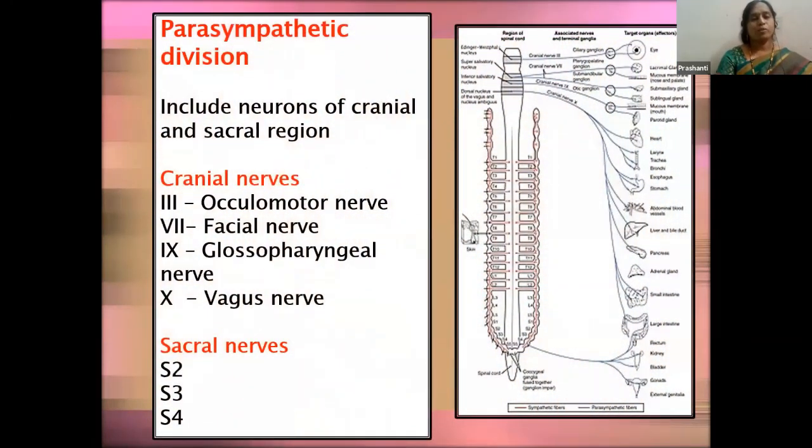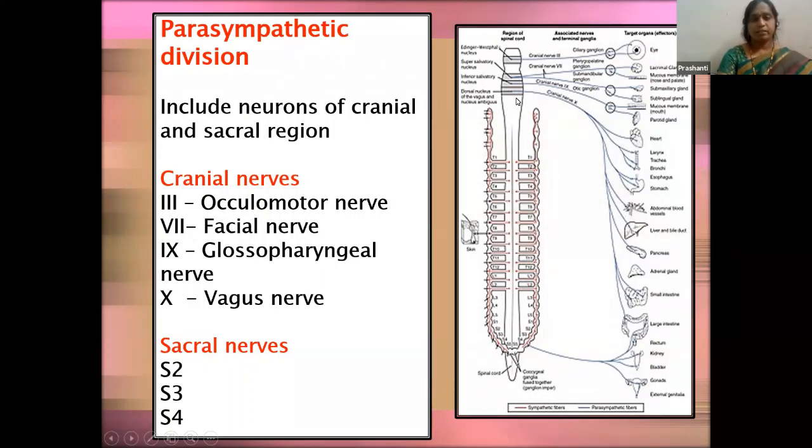Next, we go to the second division of the autonomic nervous system, children, that is the parasympathetic division. This parasympathetic division is an anatomically defined division, where the motor information runs in the cranial nerves and the sacral nerves. So what are the cranial nerves, children?